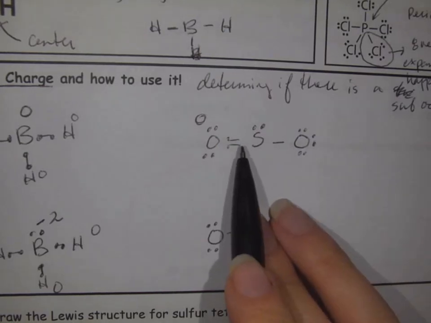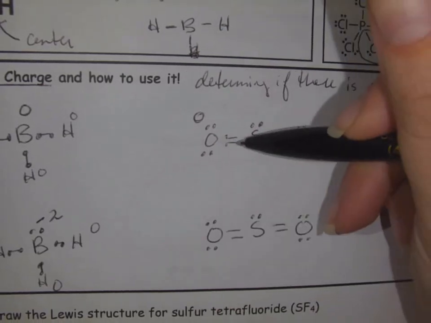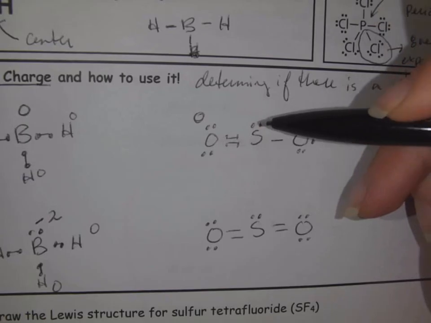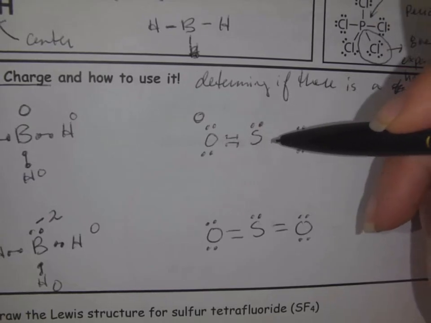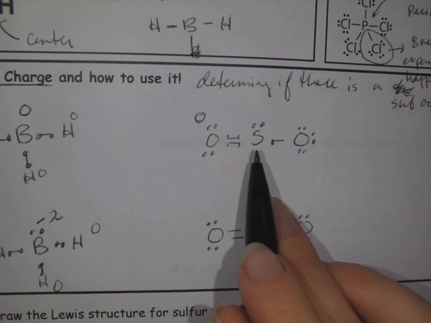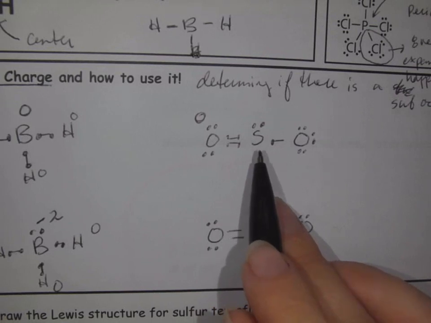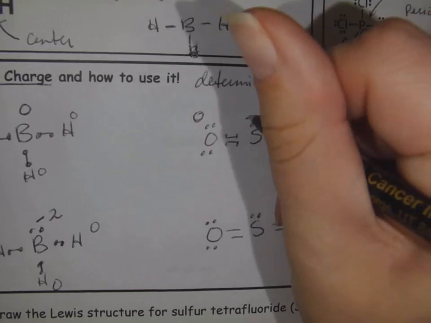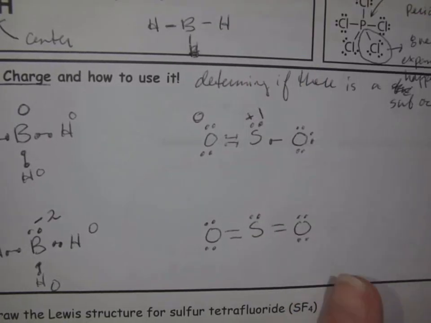This sulfur has been assigned 1, 2, 3, 4, 5. So it has one less negative electron than when it's neutral. So if it's one less negative, then that would give us a formal charge of +1.